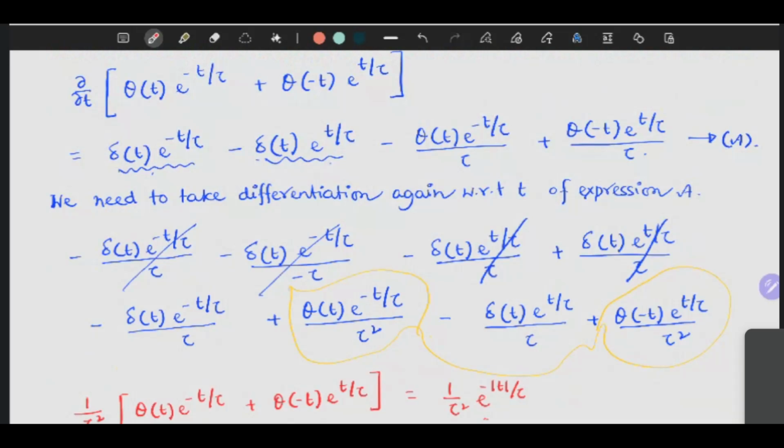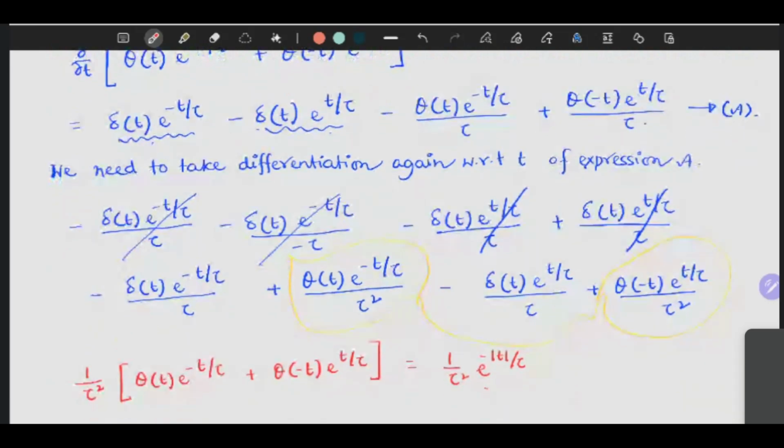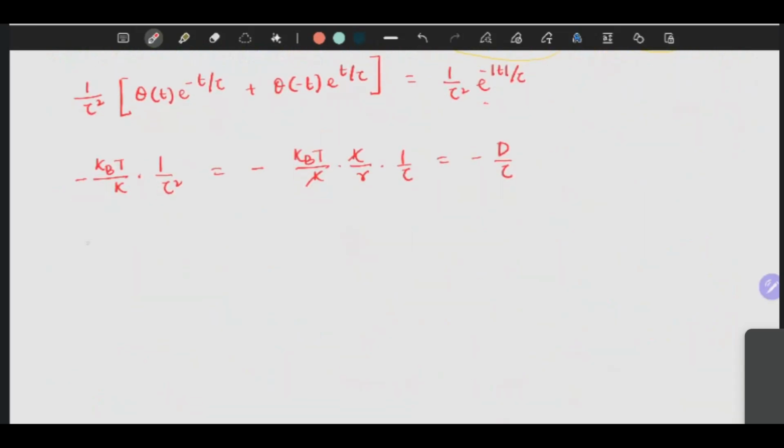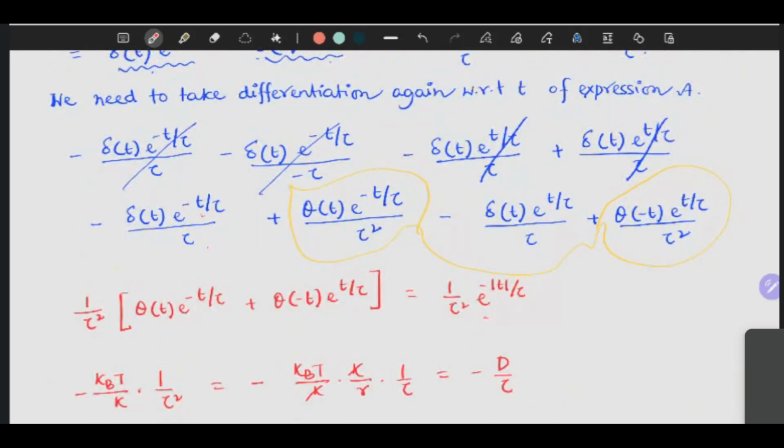Now, as t increases, since delta t is 0 for any values other than t equal to 0, the only term that will contribute for e to the power minus t by tau is at 0.